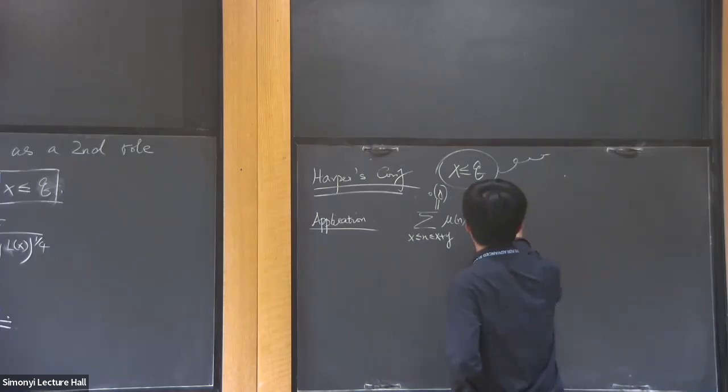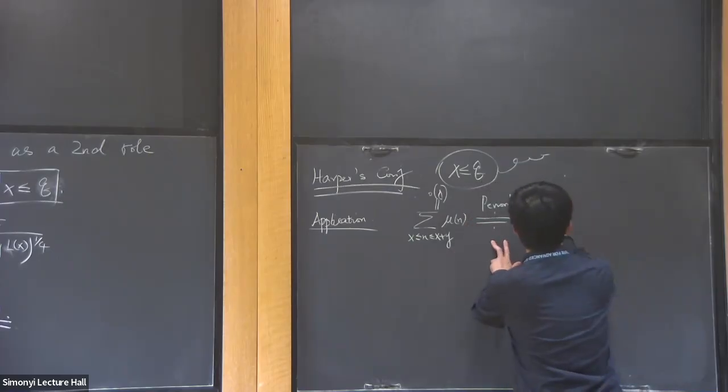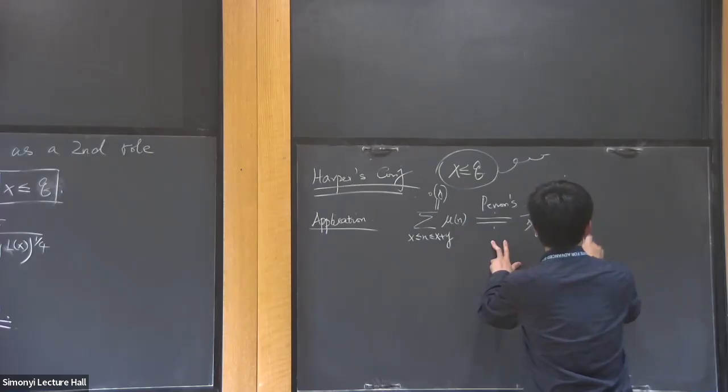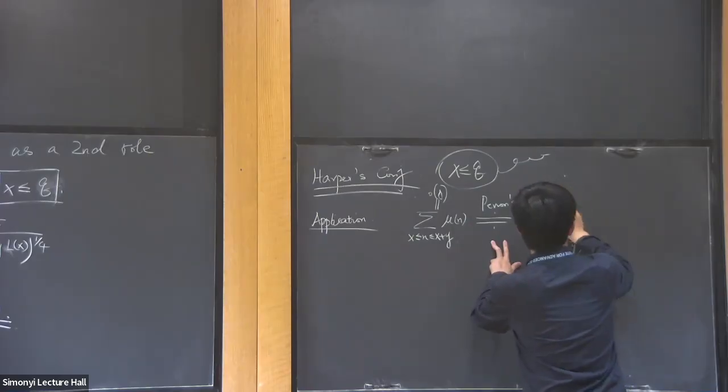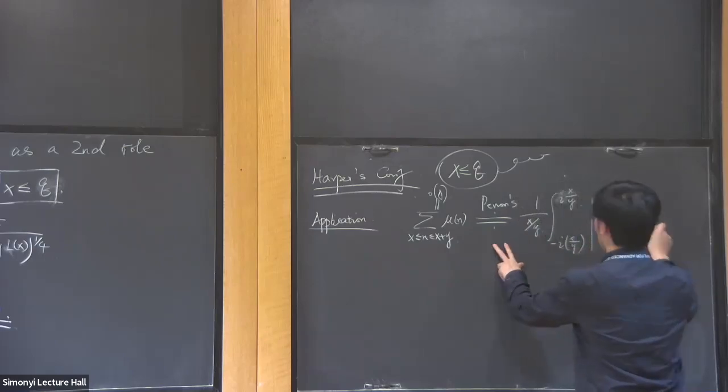And if you use Perron's formula, roughly speaking, by using complex analysis, you can write it as more or less you want to understand the average of this kind of integral.